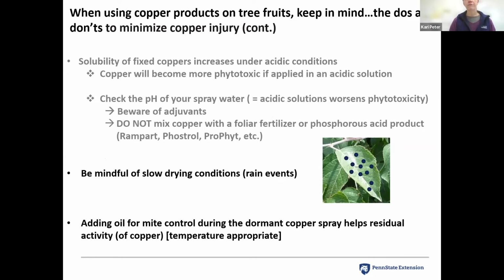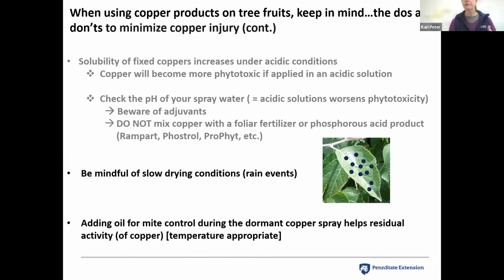Another thing you need to be mindful of are slow drying conditions. In the summer, if you've got frequent wetting events and you've got copper on those leaves, anticipate that you're going to have copper ions being released on leaves that have already had copper applied to them. You may see older leaves on peach trees defoliate a little bit more.